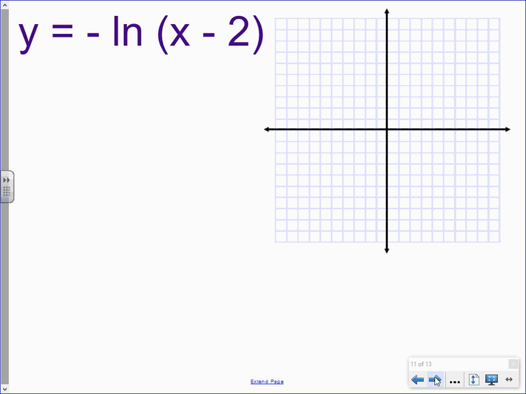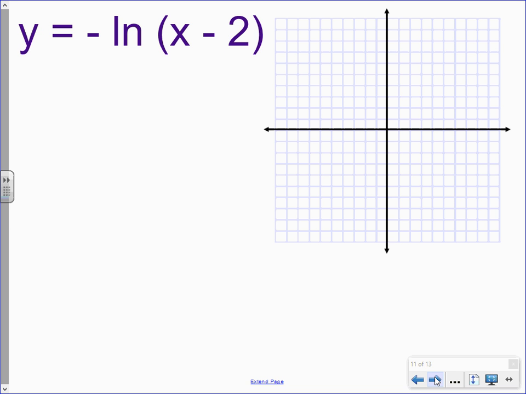Okay. In your pod, I'd like you to talk about the transformations for this graph. Okay, pod 7, what are the transformations?